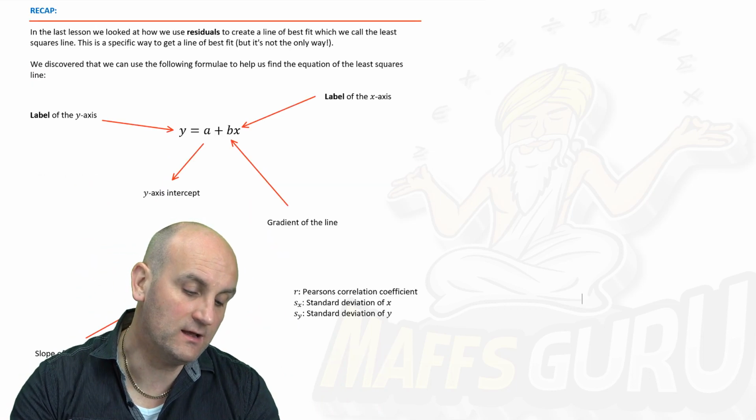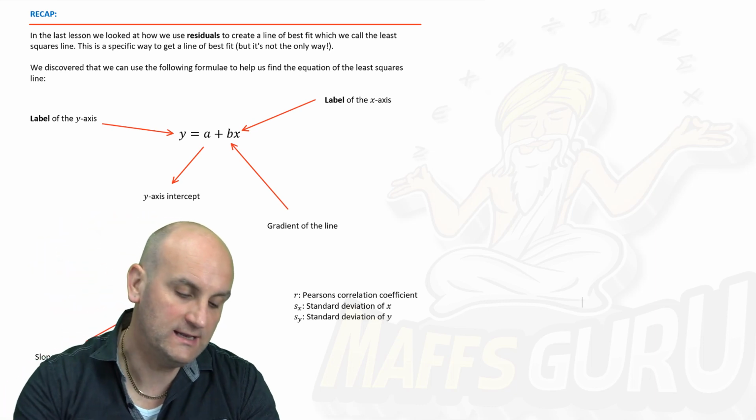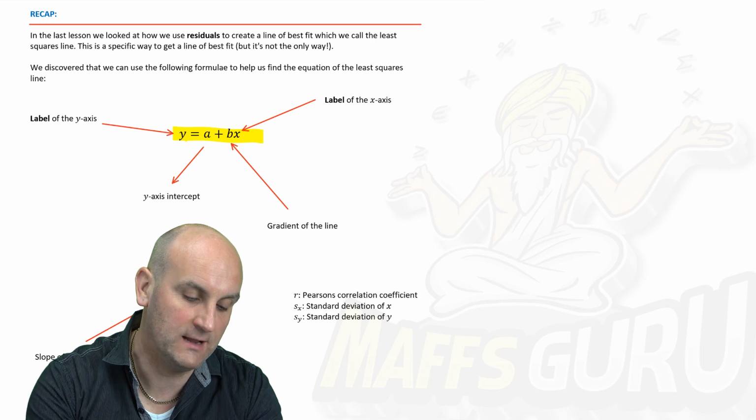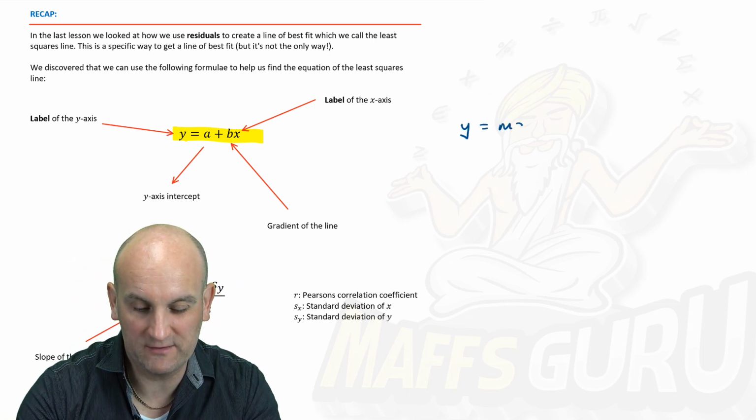As I say, in the last lesson we recapped, or rather I'm going to recap now, the idea that our least squares regression line has the equation y equals a plus bx. That is built basically on y equals mx plus c.